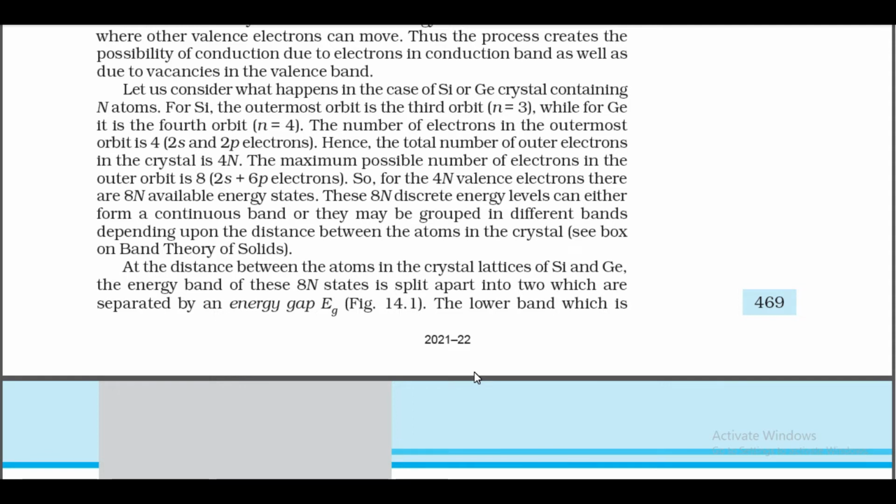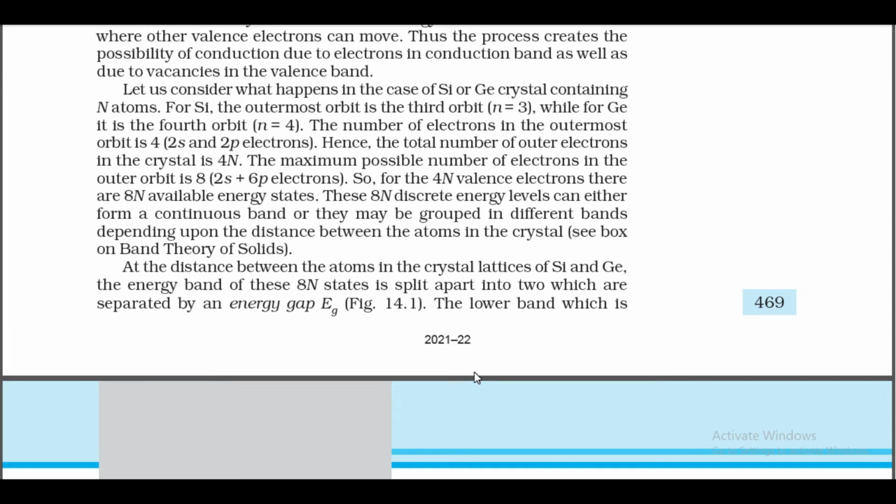For Si, the outermost orbit is the third orbit, n equals 3, while for Ge it is the fourth orbit, n equals 4. The number of electrons in the outermost orbit is 4, 2 s and 2 p electrons. Hence, the total number of outer electrons in the crystal is 4n.